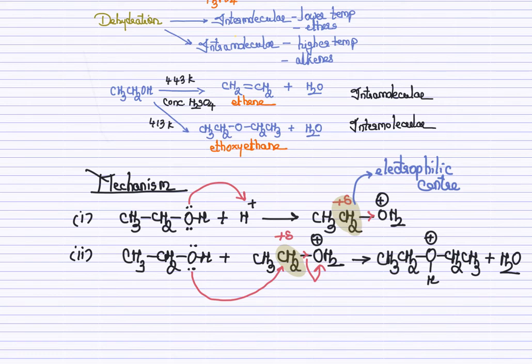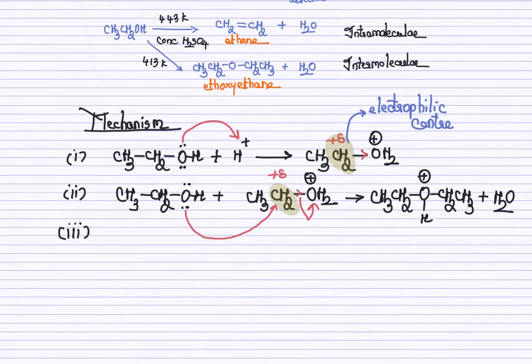And in step number 3, your protonated ether, CH3CH2O+(H)CH2CH3, is now going to lose its proton and form an ether.